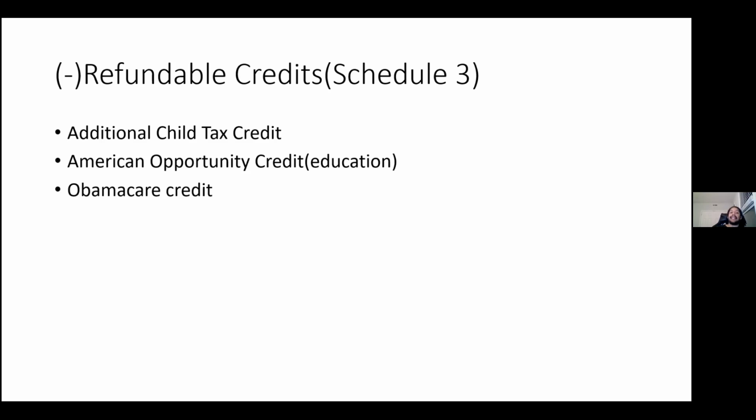Now, what I didn't put on here, that's a big one, is EIC, the earned income credit. That's generally for when your earned income is under a certain threshold, and there are a lot of factors that go into that. How many people are in your family, so how many dependents you have, is a big one.